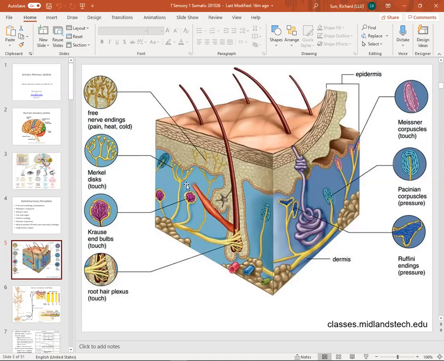Then in the deeper region, we don't talk about this one, but we do talk about the Pacinian and Ruffini. So these are the deeper region. So that's that. Here we have the hair end organ, right?